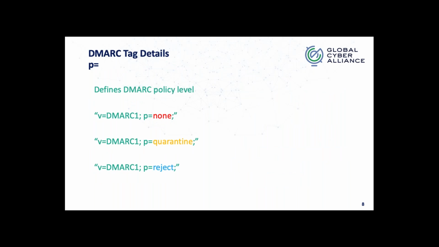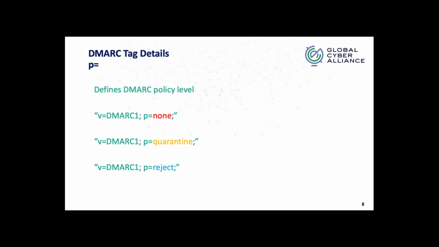So the next one is P equals. This defines your DMARC policy level. P equals policy. So it's either P equals none, or P equals quarantine, or P equals reject. It cannot be a combination because you're only allowed one DMARC policy per domain. Only one.